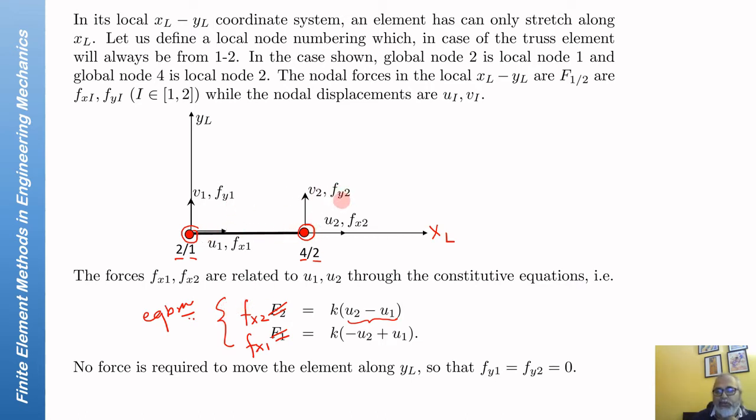Fy1 and Fy2 have to be 0 because there is no resistance to moving this element in the YL direction. You can move it, it just moves like a rigid body. It doesn't resist this motion. So no matter what V1 and V2 you give, Fy1 and Fy2 remain equal to 0. Okay, so this is the equilibrium equation of this.